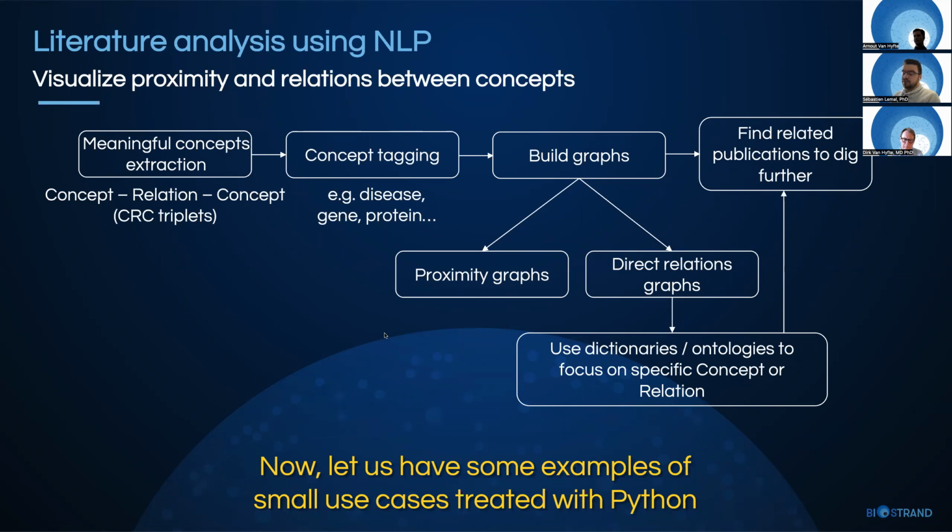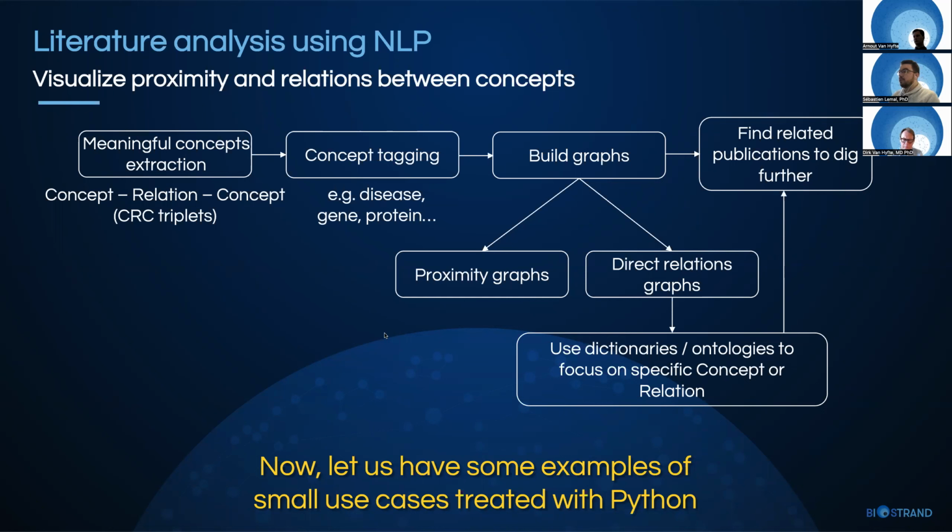Basically, if we start from raw text, we can extract meaningful concepts based on these CRC triplets. These concepts can be tagged individually with different kinds of types, depending on the technology that we want to use. We can use dictionary matching like UMLS. We can also use transformer-based technology like BioBERT.